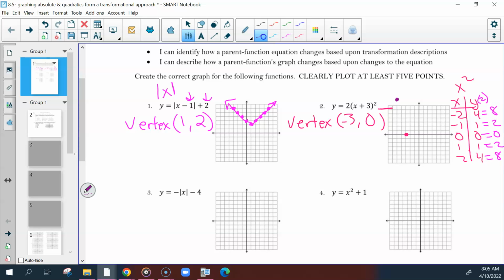And then 1 to the left of the vertex, we would go up 2. And then 0. 1 to the right of the vertex, we would go back up to 2. And then 2 to the right of the vertex, we would go back up to 8. So our table did change our x values because we also moved left 3. I just didn't show that part in the table.